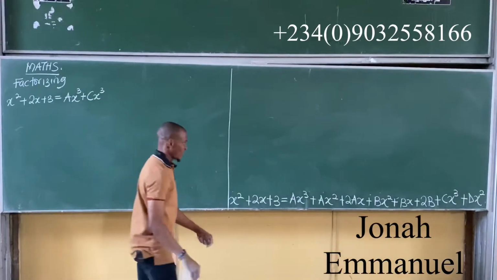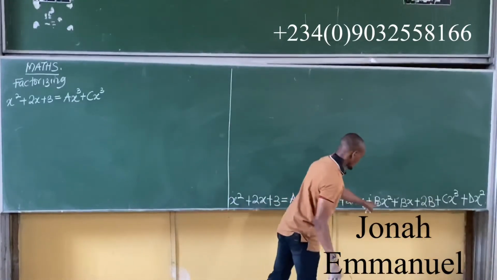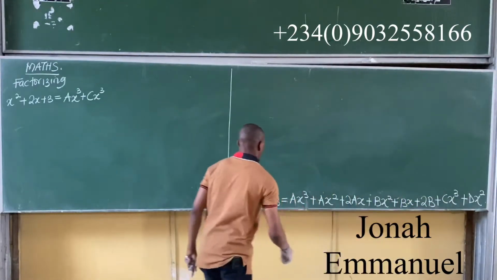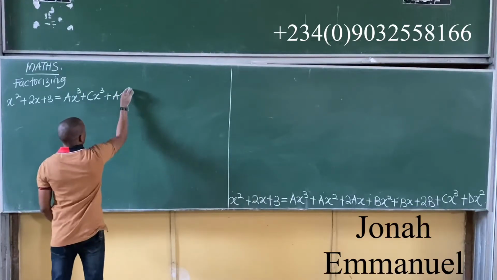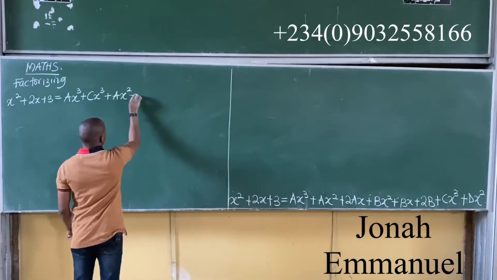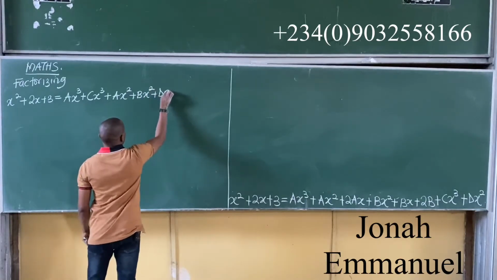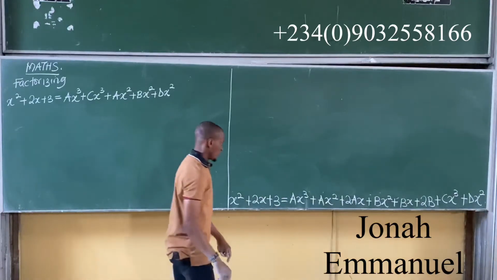Take up the x squared: ax squared plus bx squared plus dx squared. I'm done with x squared.